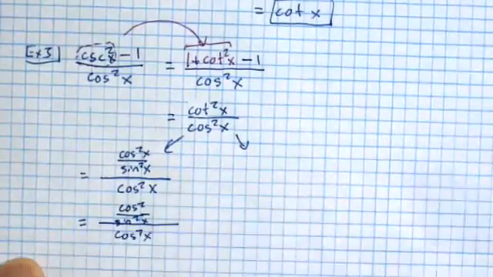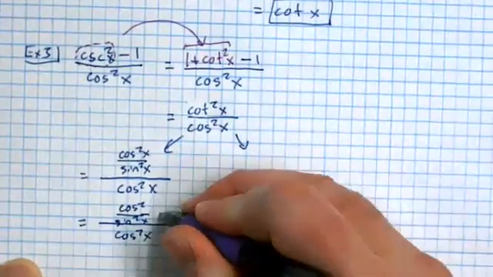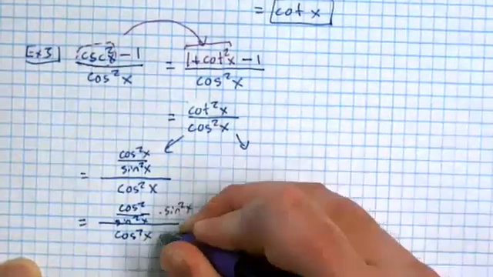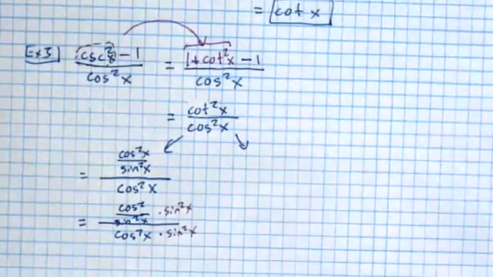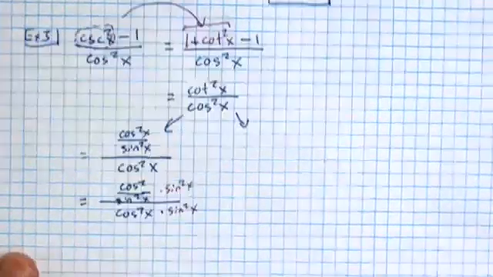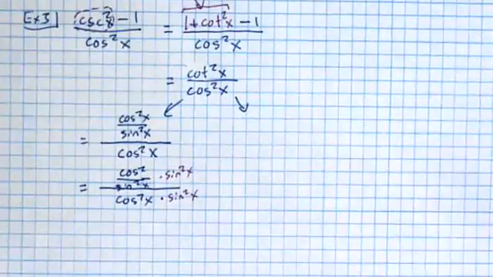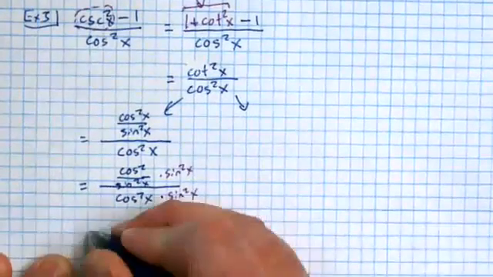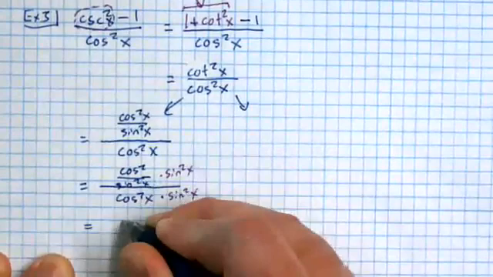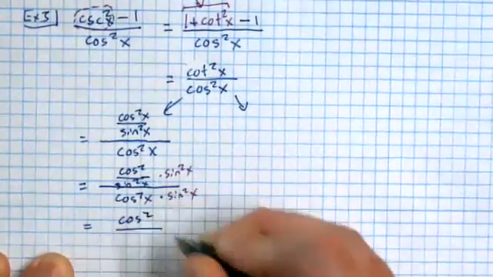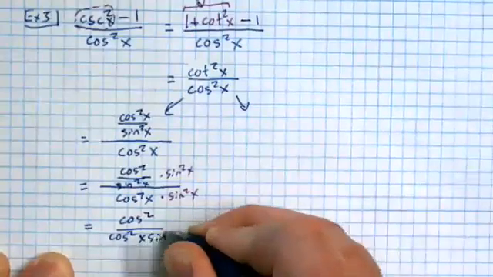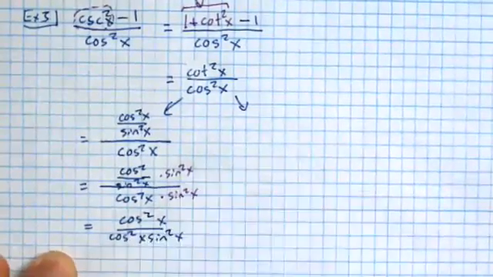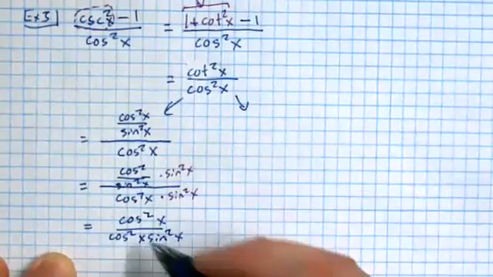I'm going to multiply by a fancy version of 1, times sine squared x on top and bottom. So now these are going to cancel here. So I have cosine squared over cosine squared sine squared. And the cosine squareds are going to cancel.